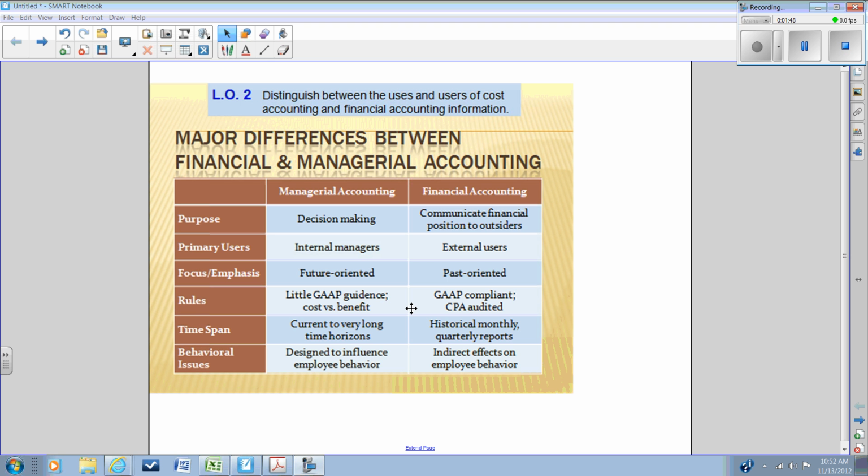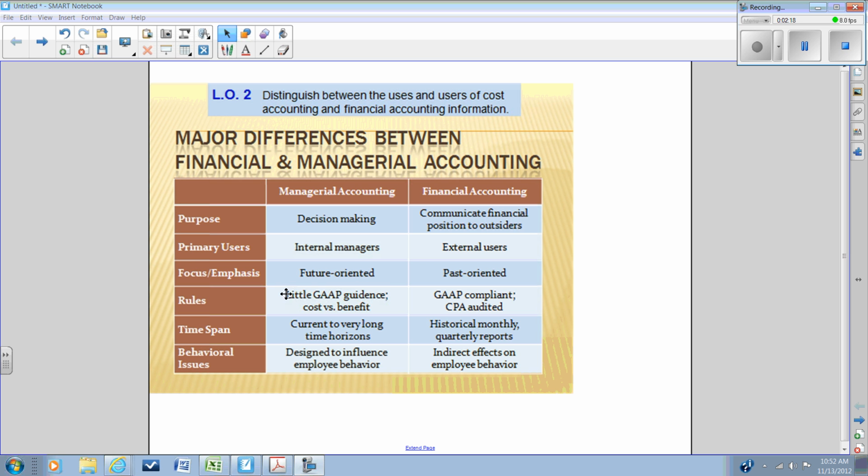In financial accounting, we had a series of rules and standards that were called GAAP. We have an external party, the CPA, who audits the financial statements. In managerial accounting, there is little crossover between financial accounting GAAP and cost accounting.